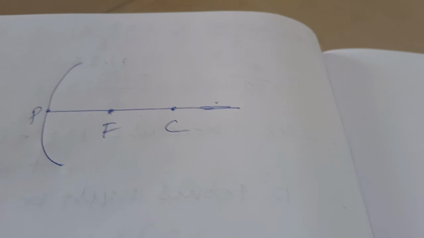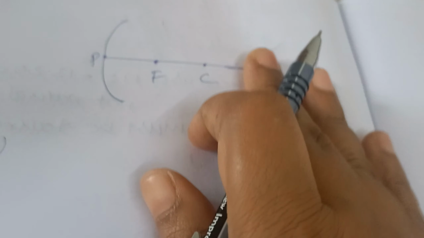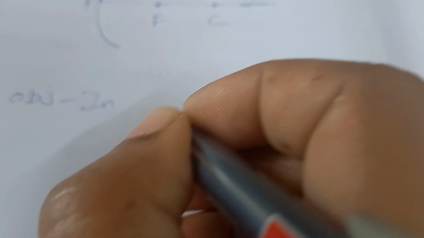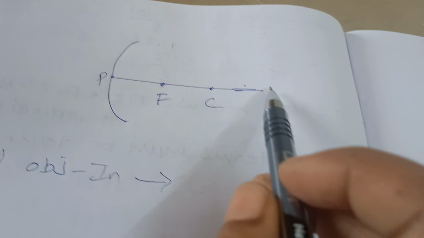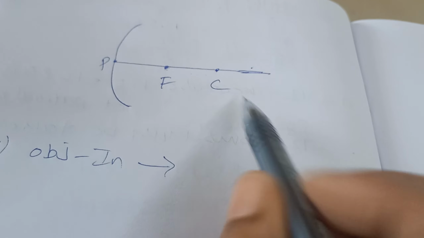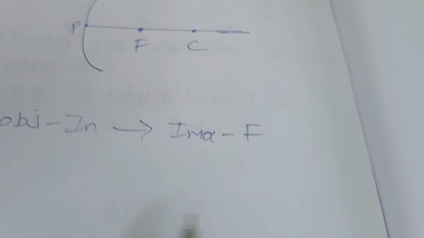Once again I am repeating, so don't get confused. Let me clear that. The first position: if the object is at infinity, meaning somewhere we don't know the exact location, the image is at the focus.